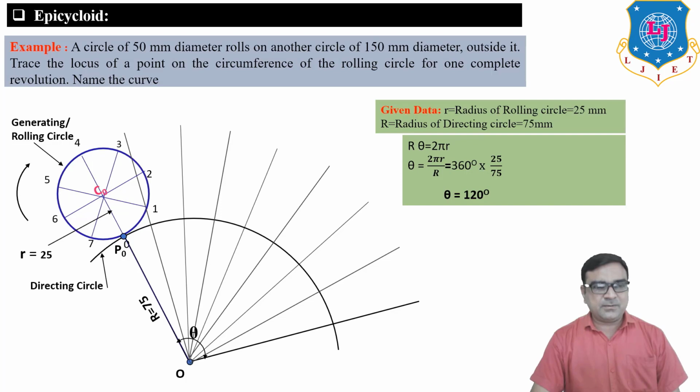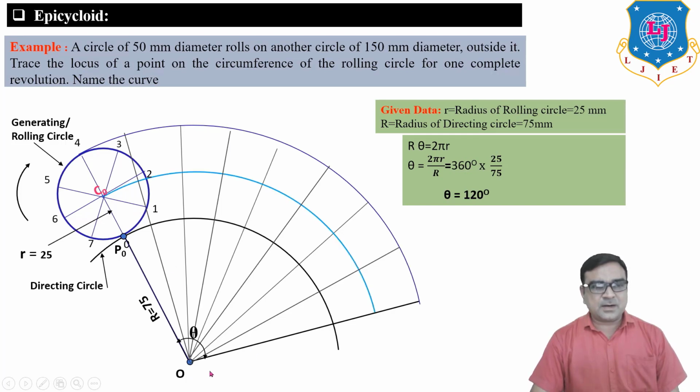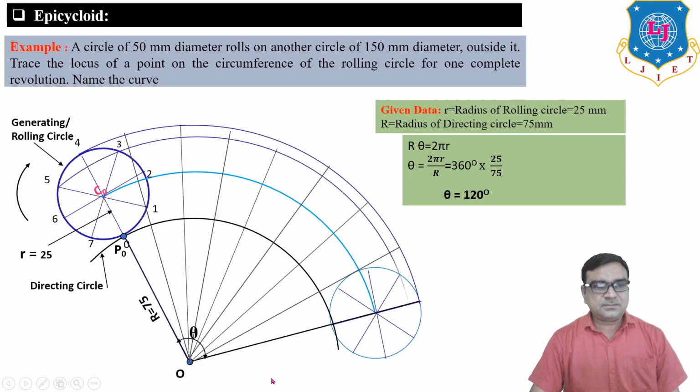C0 is the center of the rolling circle. Now draw an arc by taking O as center and OC0 as radius, and place another circle, which is the end position of the circle after one rotation.